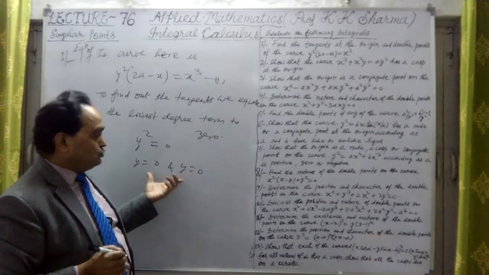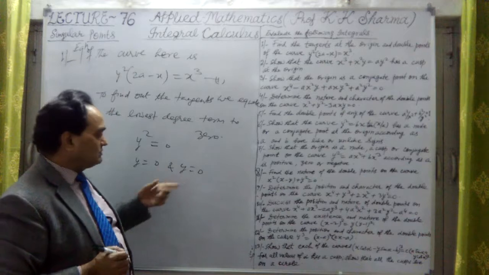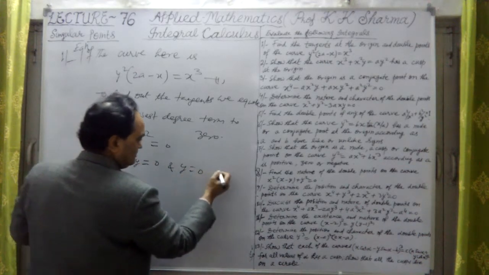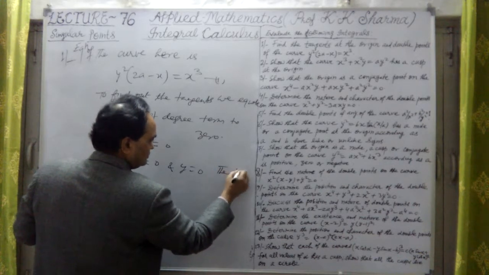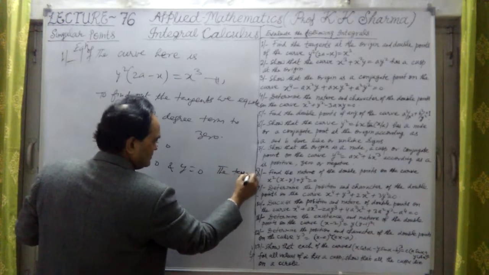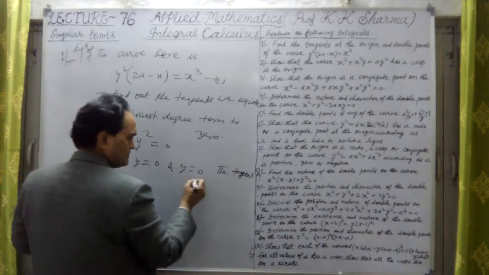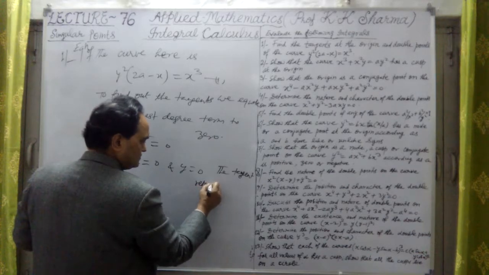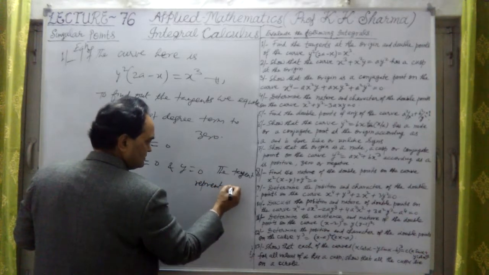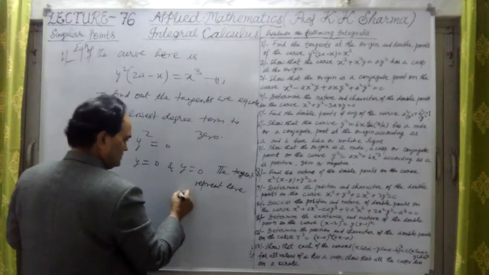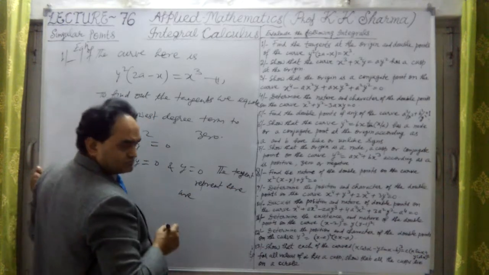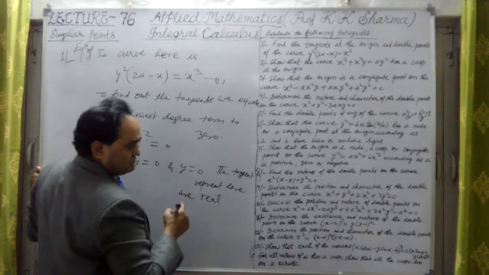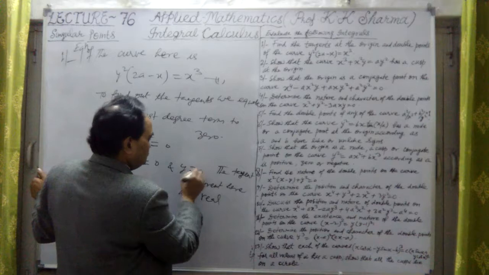Here, there is a double point, and in this case the tangents are real, because it says 0 here.